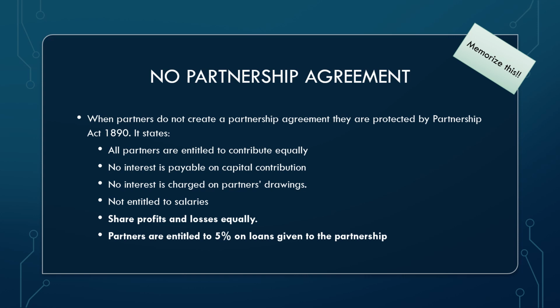No interest is payable on capital contribution. No interest is charged on partners' drawings. Not entitled to salaries. So you see here all are no, and the contributions for the capital are equal. Because of this, the profit and losses are shared equally.